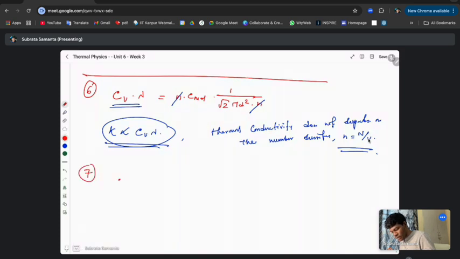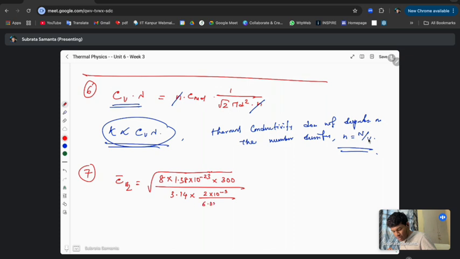C average for H2 is the square root of 8 times kB, which is 1.38 times 10 to the power minus 23, times temperature 300 Kelvin, over pi, 3.14, times m, which is 2 times 10 to the power minus 3 over 6.023 times 10 to the power 23.